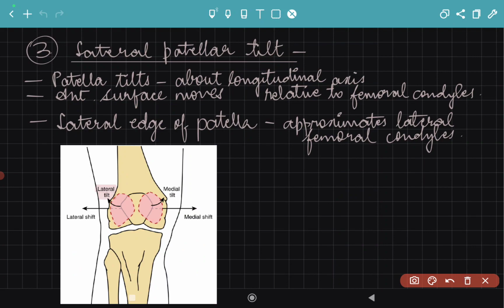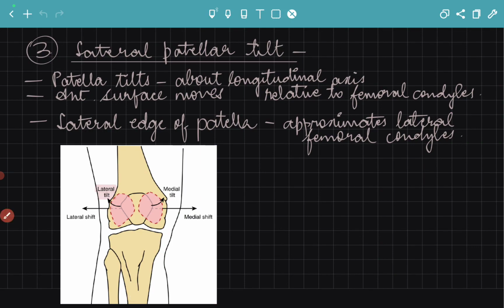We can appreciate the femoral condyles over here, and this is the anterior surface of the patella. Now this anterior surface tilts either way. If it is tilting laterally towards the lateral femoral condyle, the lateral edge of the patella approximates with the lateral femoral condyle. That means lateral patellar tilt is taking place.